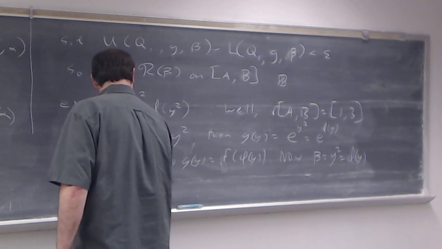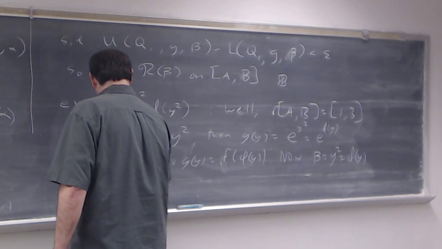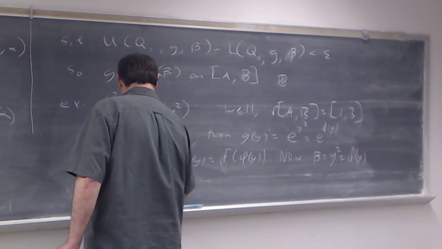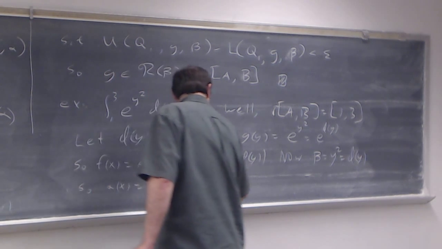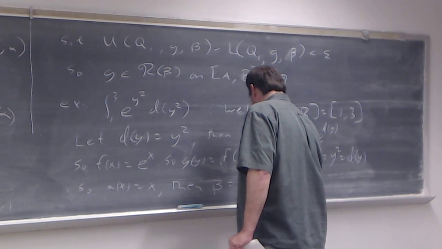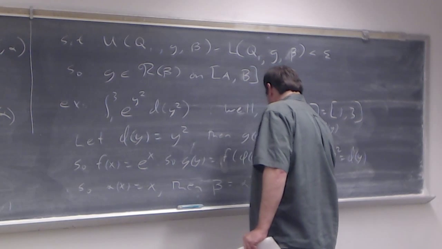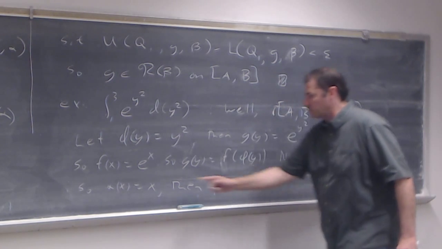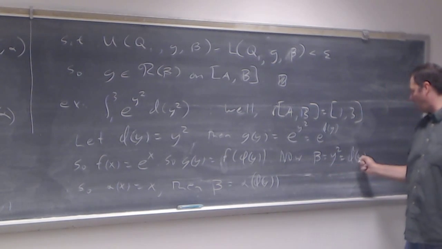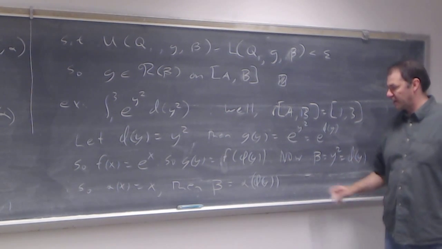So if we let alpha of x be equal to x, then beta will be equal to alpha of phi of y. Because alpha, whatever you give it, just yields out the same thing. And so alpha of phi of y is phi of y, which is y squared.